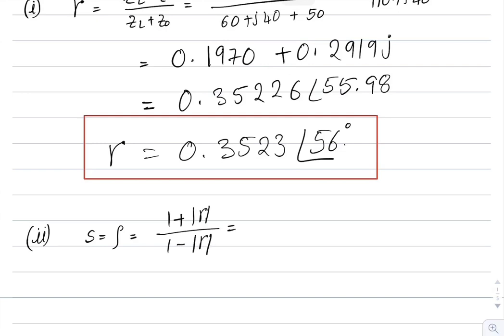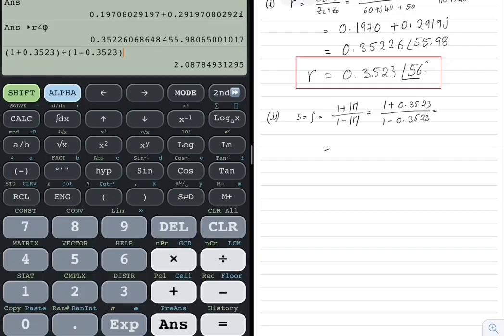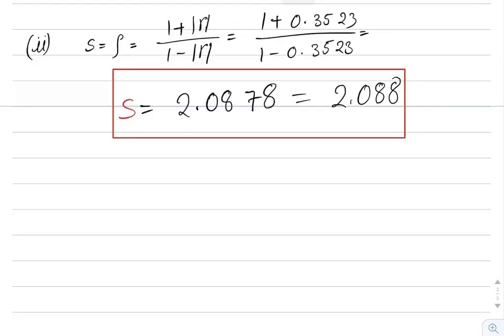Anyway, we know the value of gamma, upon substituting, (1 plus 0.3523) by (1 minus 0.3523), that is equal to 2.0878. Let's round it off to 2.088. Therefore, standing wave ratio S equal to 2.088.